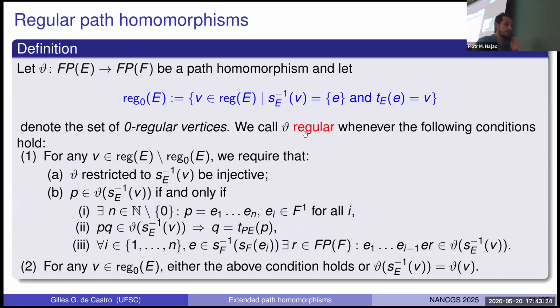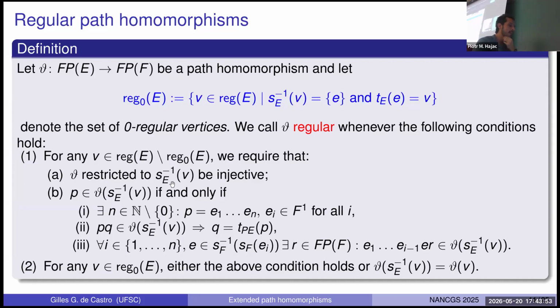So we need to take into account first these kinds of edges which are mapped to a vertex, which are just a loop based on a vertex V. Then we have this condition on theta, but if it's another kind of regular vertex, then we need that the images of edges leaving V are different.